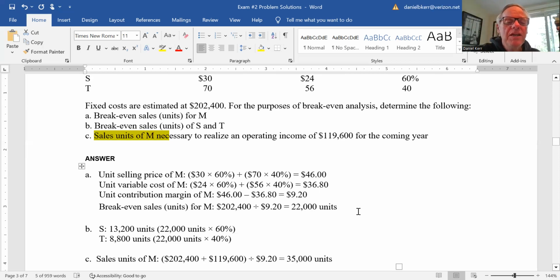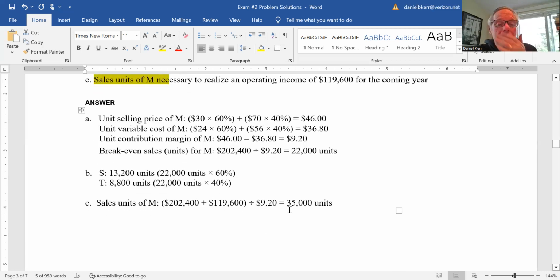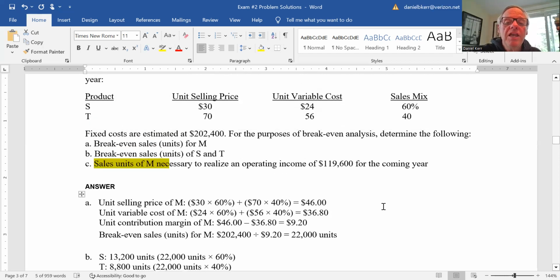So now in Part B, they say of the 22,000 units, how many for product S, how many for product T? So 60% from product S, so 60% of 22,000 is 13,200, and 40% from product T, 40% of 22,000 is 8,800. And then the total units to achieve an operating profit of 119,600.